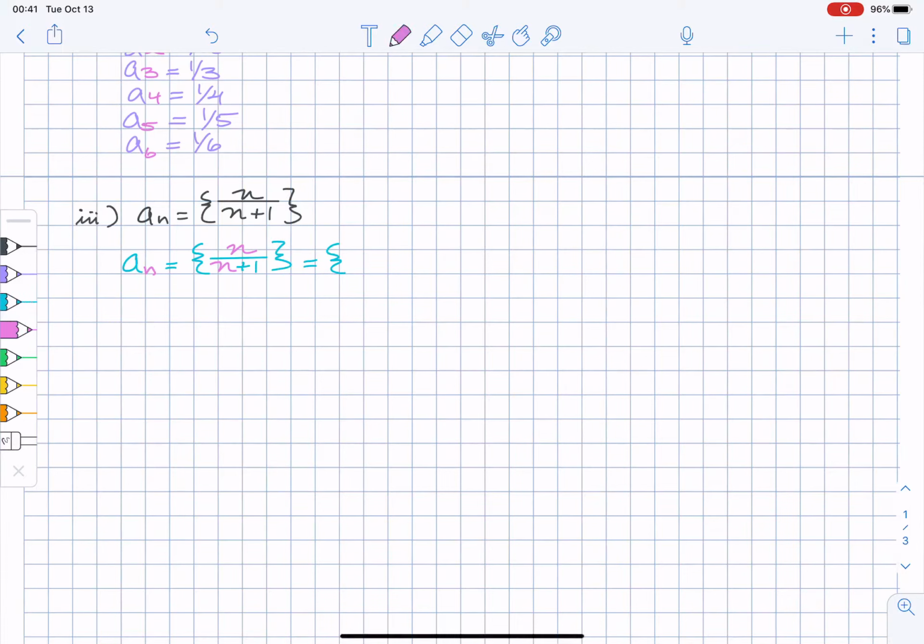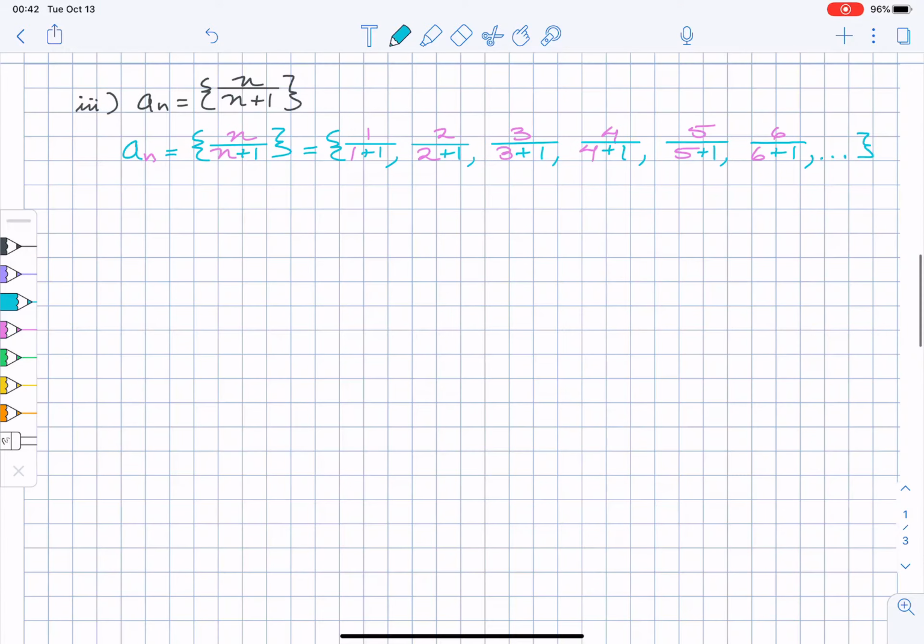So I claim that that will be 1 divided by 1 plus 1, comma 2 divided by 2 plus 1, comma 3 divided by 3 plus 1, comma 4 divided by 4 plus 1, comma 5 divided by 5 plus 1, comma 6 divided by 6 plus 1, comma dot dot dot.